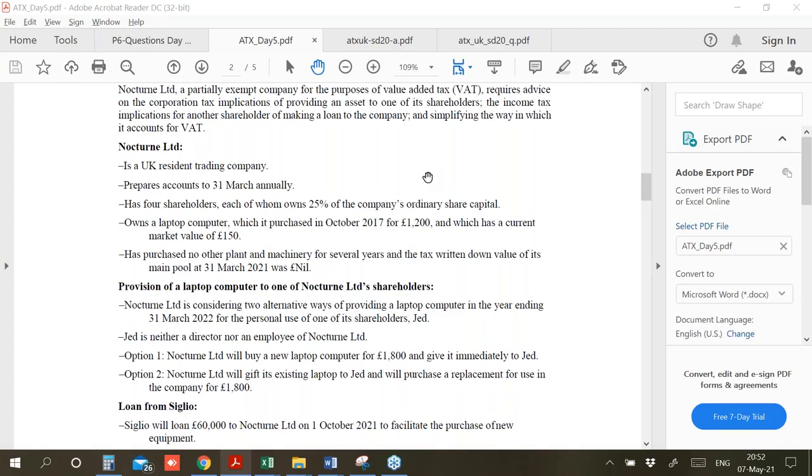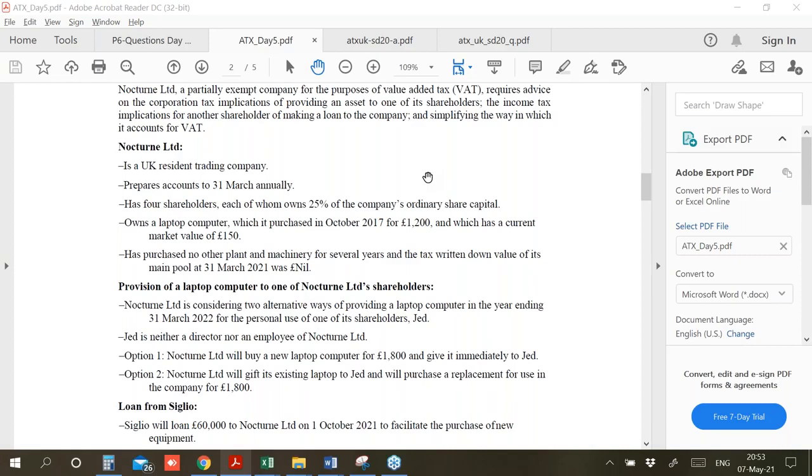I've told you in, I guess, either yesterday's lecture or before that, that if a company buys any asset for any shareholder, I guess there was a person in the question for whom the company was buying a motorcycle.